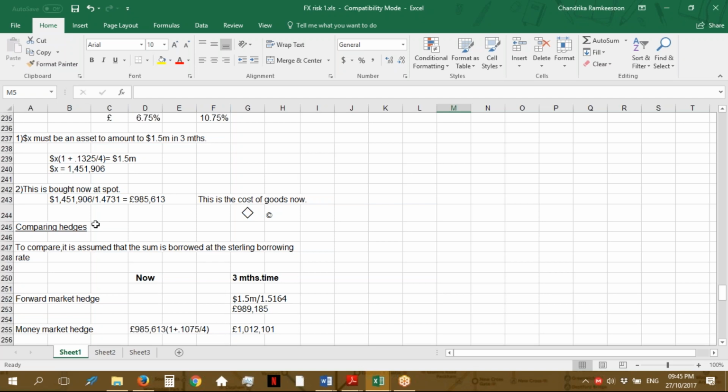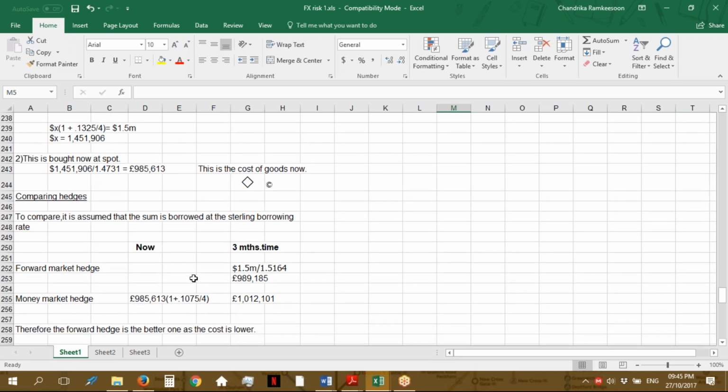Now the today cost is 985,613. So looking at it, it appears as though the money market hedge is the better hedge. But remember that 985,613 is a cost today. The 989,185 is a cost in 3 months.